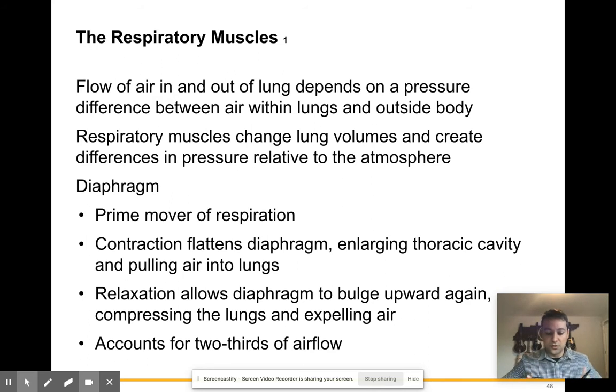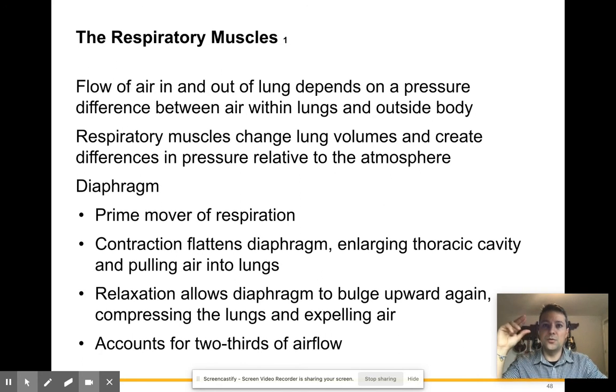It's like if you ever had a turkey baster or a pipette, and you squeeze the ball and then release the bulb, liquid gets sucked into that little tube, right? Same thing's happening with your diaphragm.